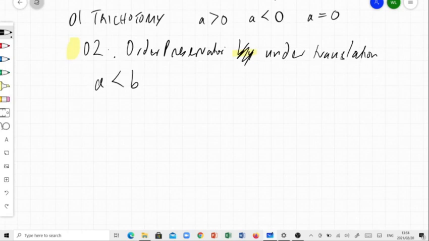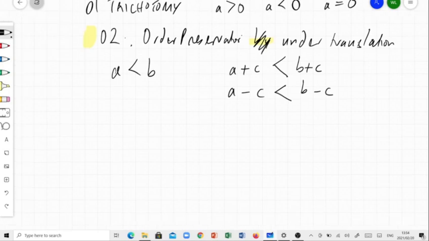So B dominates A. Then, if I translate, or add a fixed number C, to A and B, the result preserves the order. Even if I do a subtraction, if I take C away from both A and B, the order still preserves. This is called order preservation.